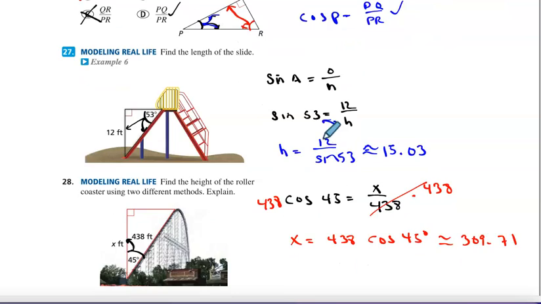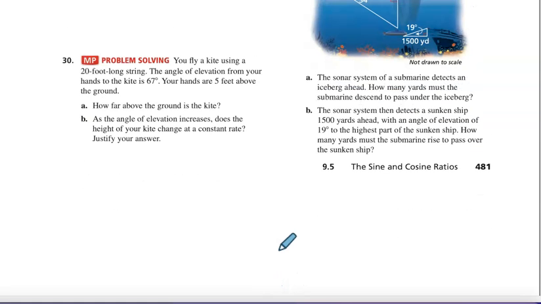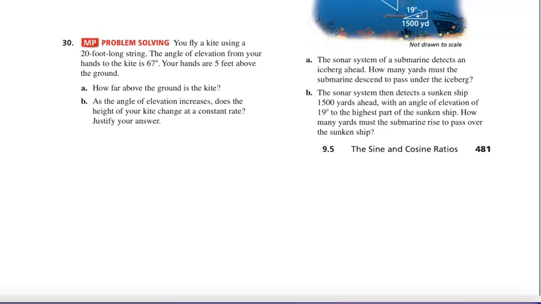Alright, 28, 30, and 35, that was, okay, 30 and 35. So 30, I like 30 because you kind of have to make your own picture here. So you're flying a kite using a 20-foot long string. The angle of elevation, so there's me, there's my kite. So this is the angle of elevation, right?